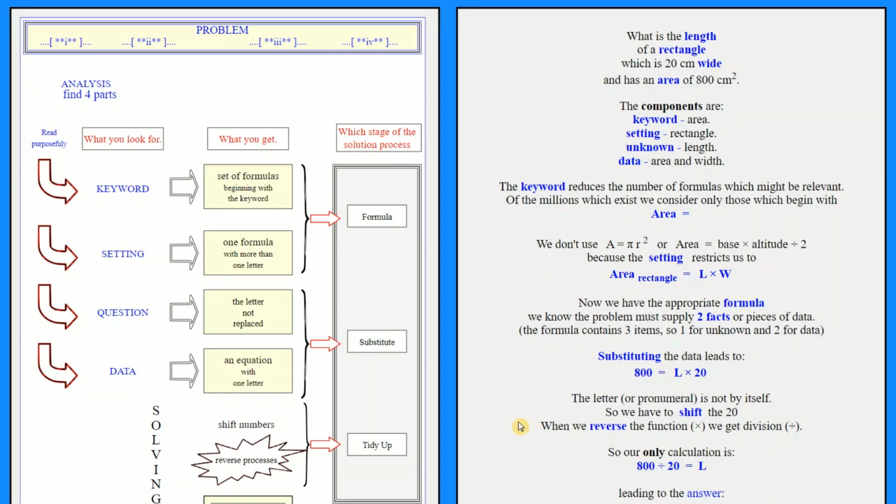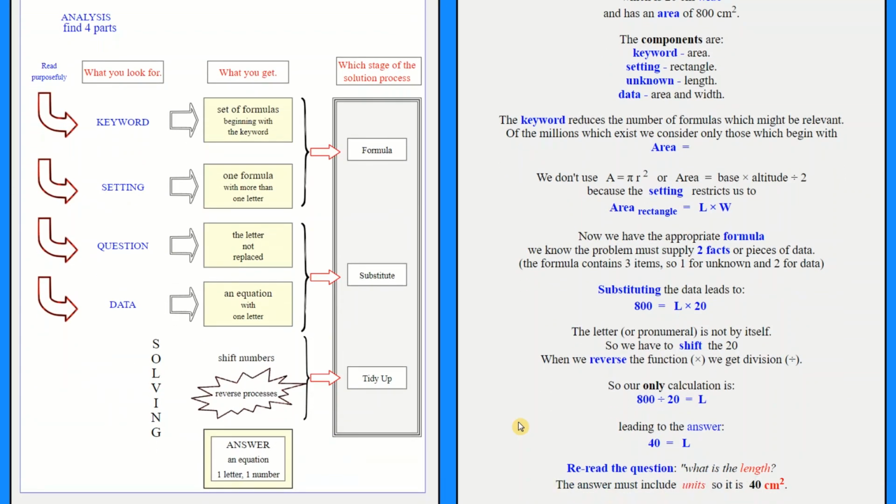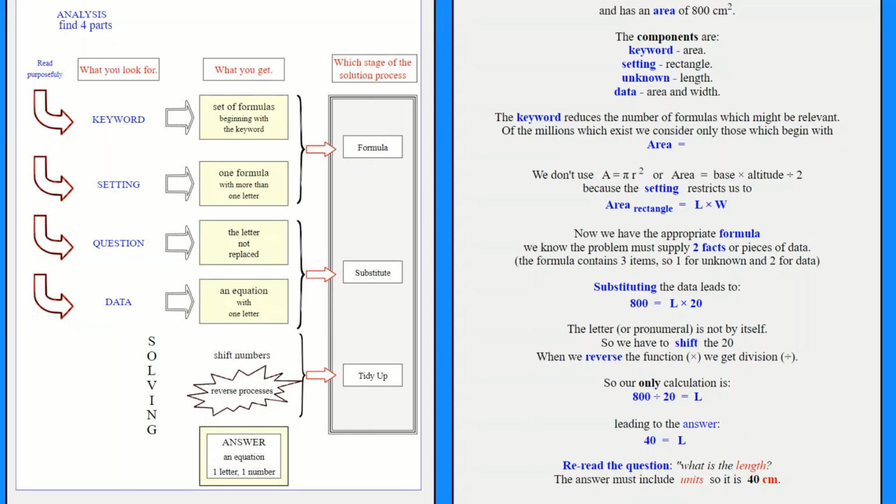Our calculation, 800 stays where it is, the 20 moves, the multiplication becomes division, and we get the answer 40 equals L. Now we have a numerical value for our answer, 40 equals L, where L represents the length of this rectangle.